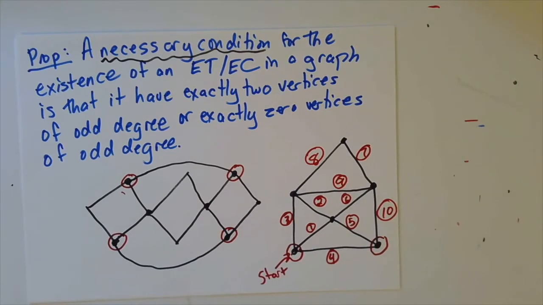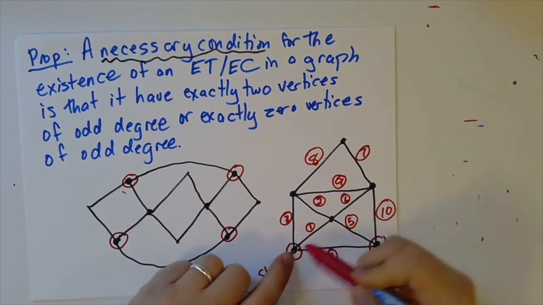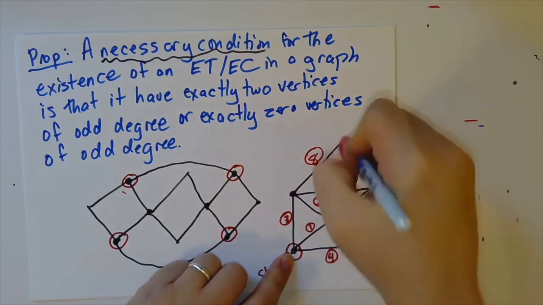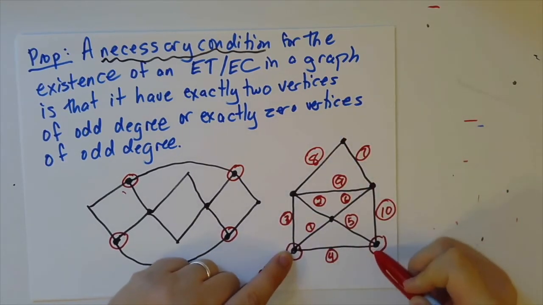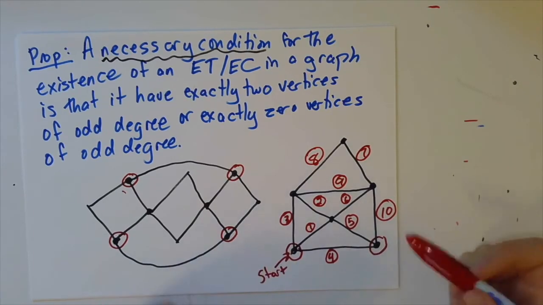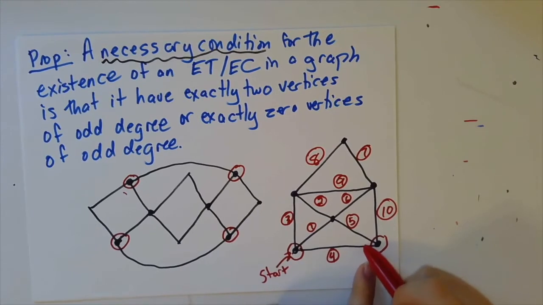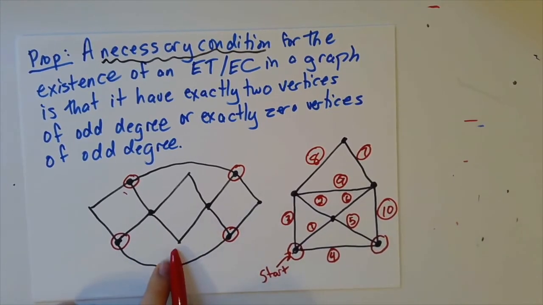And so I've outlined for you, start here, 1, 2, 3, 4, 5, 6, 7, 8, 9, 10. And that gives us our Eulerian trail. So in fact, here the answer is yes, there is an Eulerian trail in this graph. Here the answer was no, there's not.